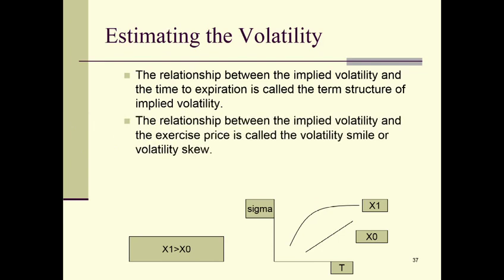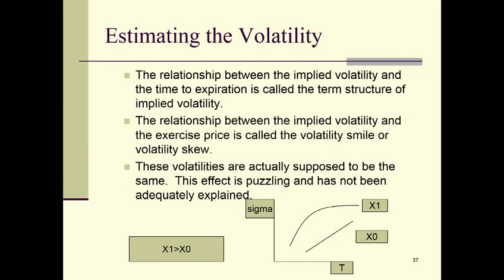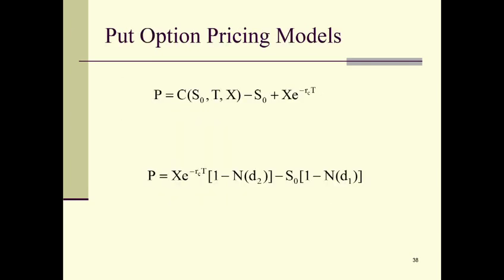Okay, so the relationship between implied volatility and strike price is called the smile, or the skew, or the smirk if it is sloping downwards. Okay, as we discussed, it is puzzling because the volatility in fact refers to the underlying, and therefore it should not change. Okay. Now, we'll look at one more slide, which is on put option pricing.